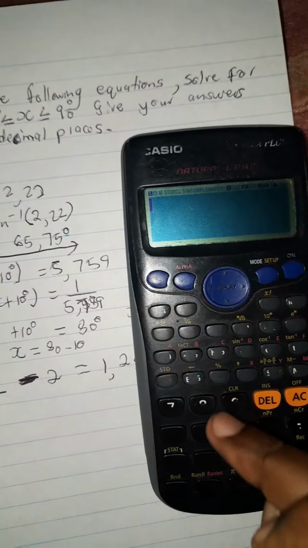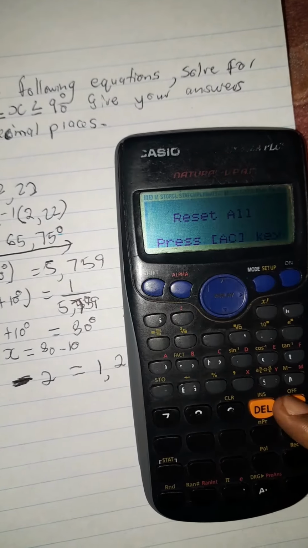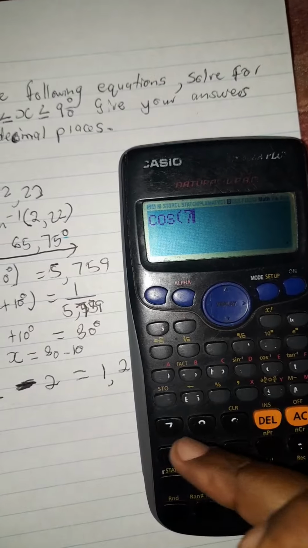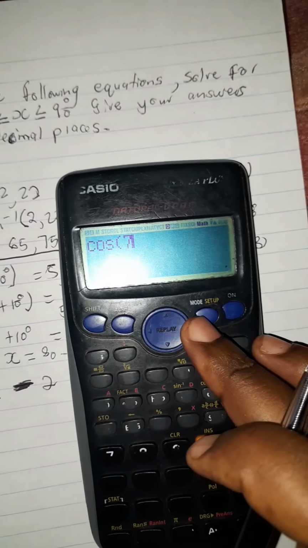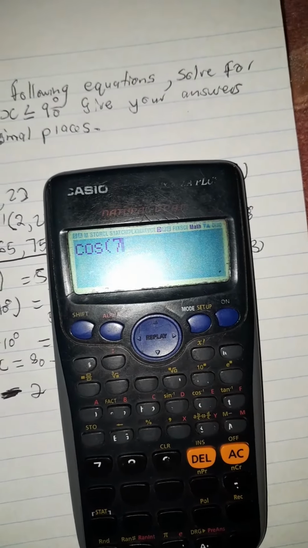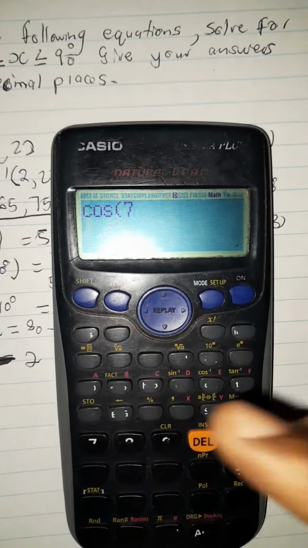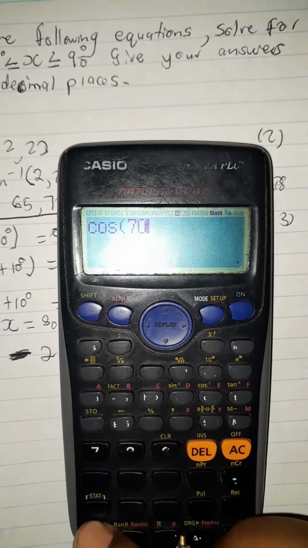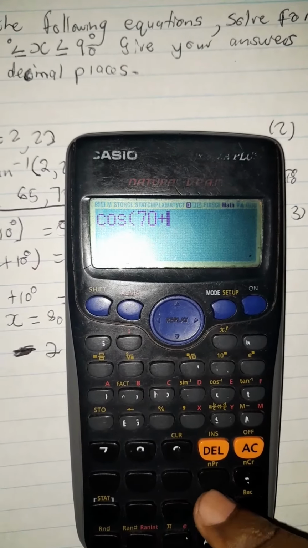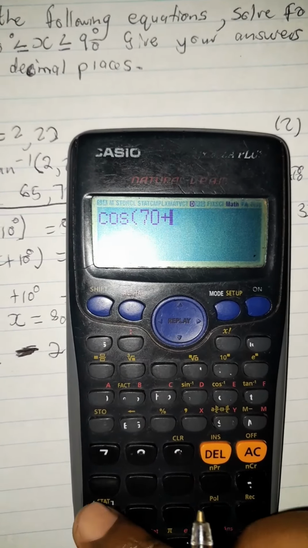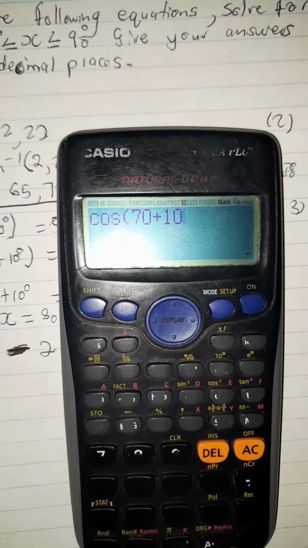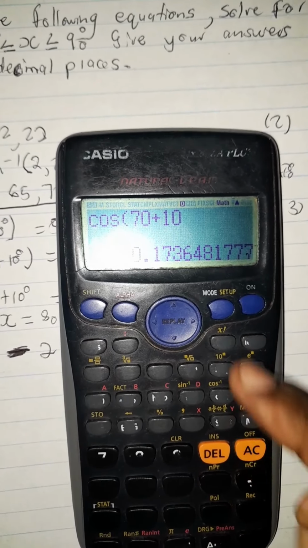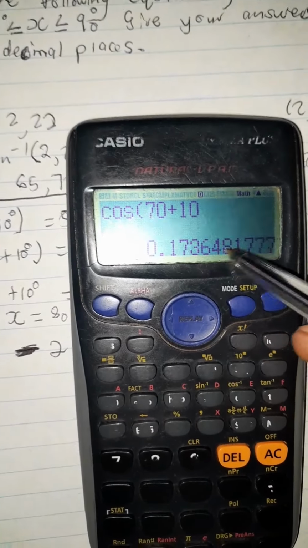Oh, it's in 2 decimal places. Let me take it out. We just want to check cos 70 plus 10, okay, it gives you 0.176 and so on.